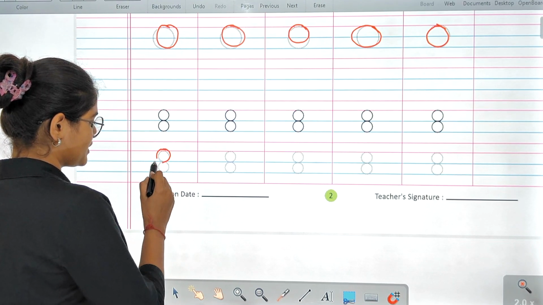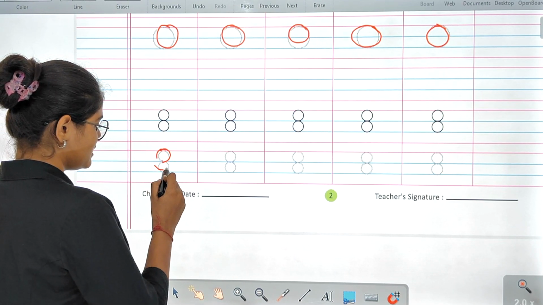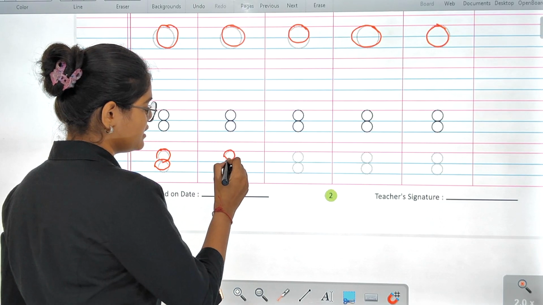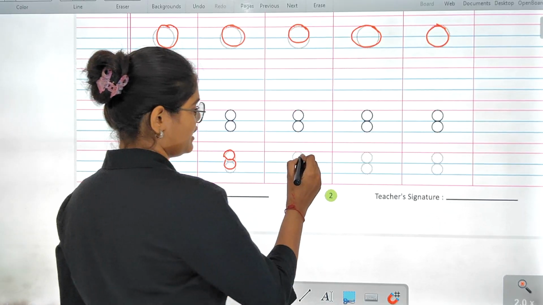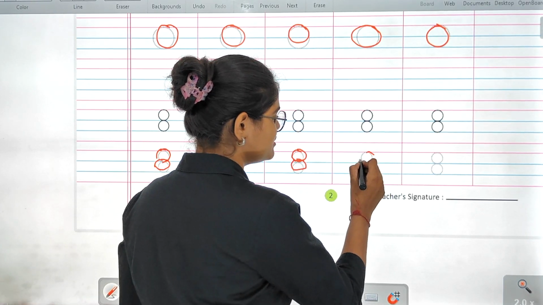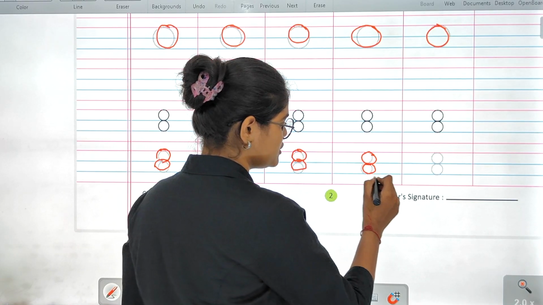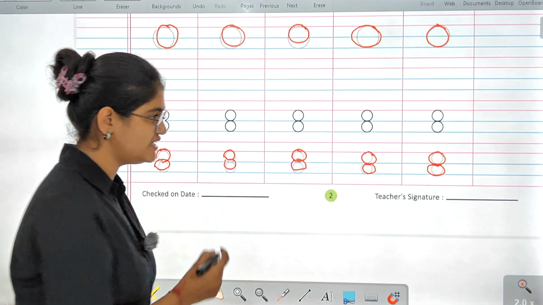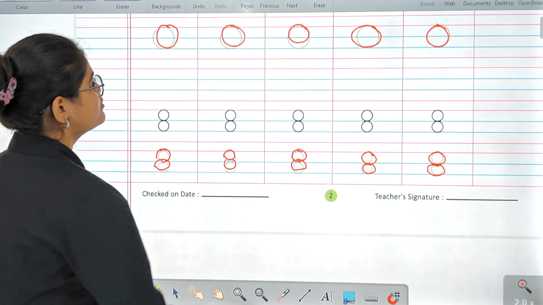So let's rotate them once more, two circular formations, and we will easily be able to complete this pattern. As you can see how simple it was. Let's move ahead now.